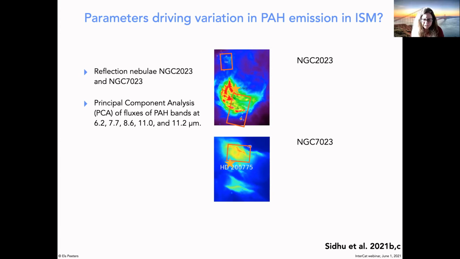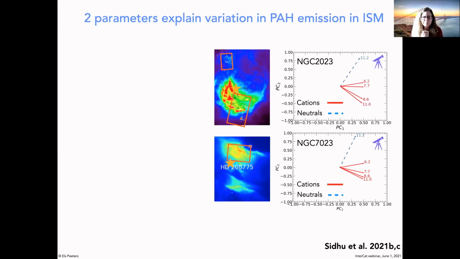And if we apply that to these two reflection nebulae, we basically see 2 main principal components, and they're shown here on the right. On the x-axis, you have the most important principal component. And what does that mean? That component can explain the largest fraction of the variation that you see in the spectra.